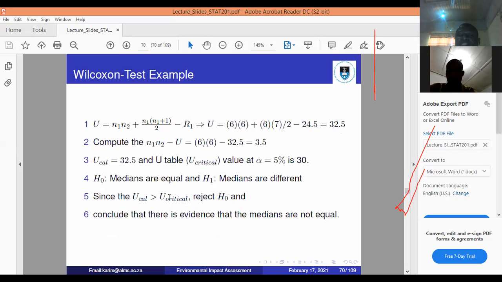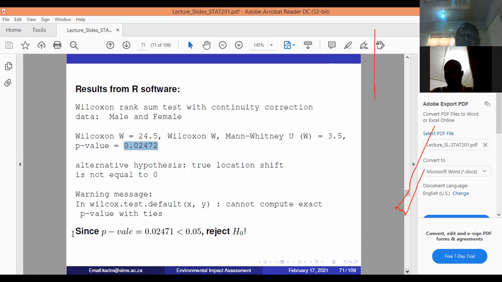We reject it and say, no, the medians are different. Since the p-value, which is equal to 0.02471, is less than 0.05, we reject the H naught and conclude that the median weight between the two Jupyter trees, male and female, are different.